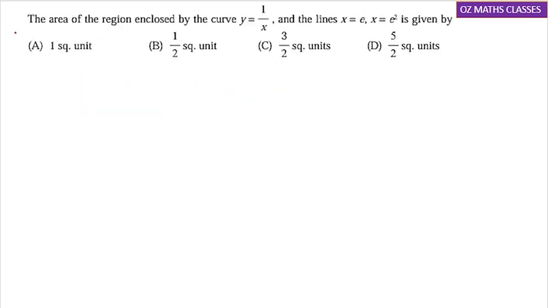Next, second problem. Area of the region enclosed by the curve y equal to 1 by x and the lines x equal to e, x equal to e square. The value of e is 2.71828. Let us draw the graph of this equation.